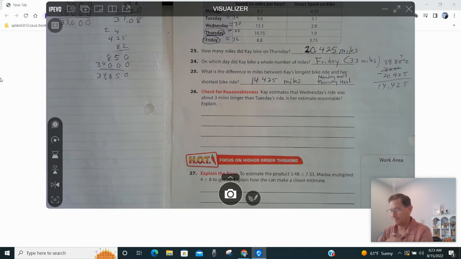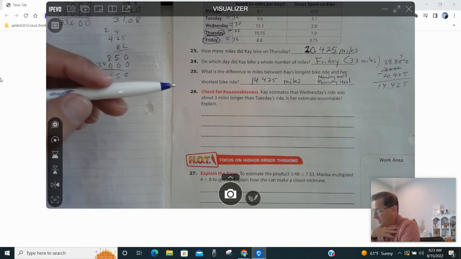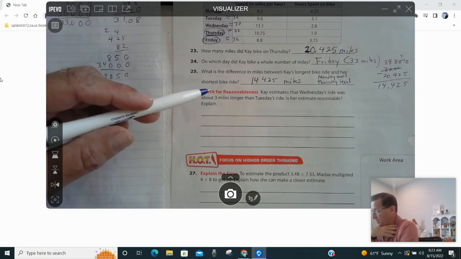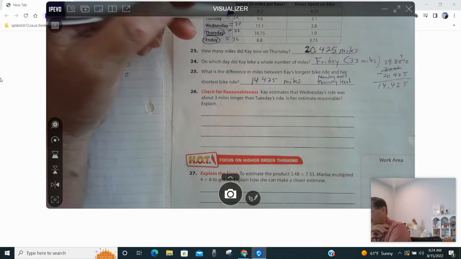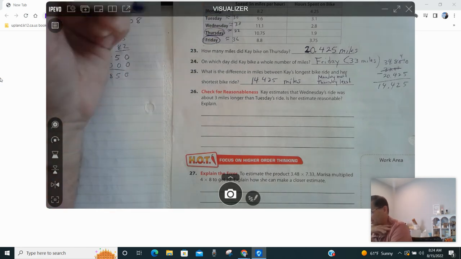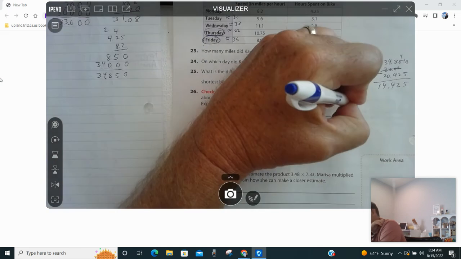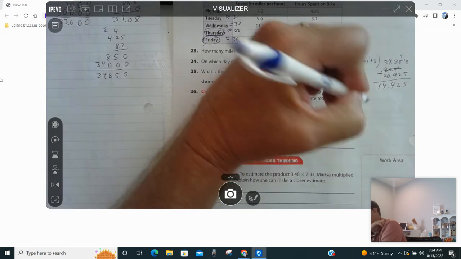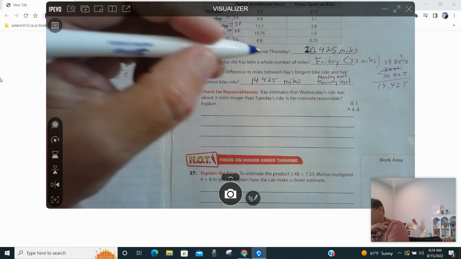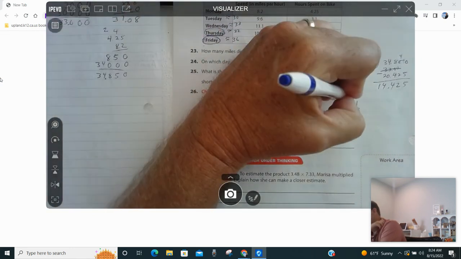All right, and 26. Kay estimates that Wednesday's ride was about 3 miles longer than Tuesday's ride. Is her estimate reasonable? All right, so let's see. 11.1 times 2.8 is Wednesday.